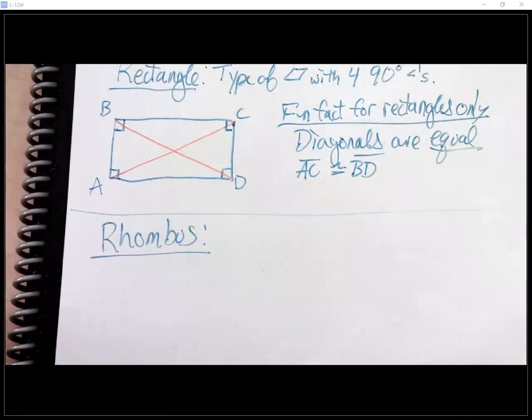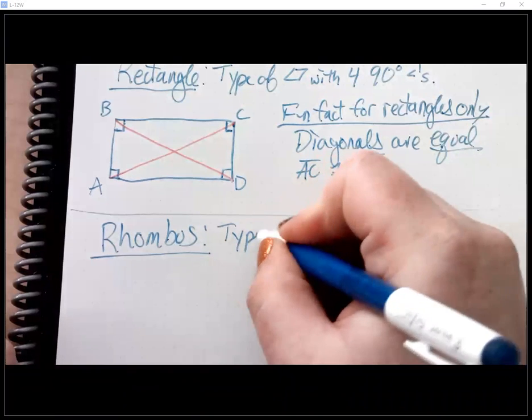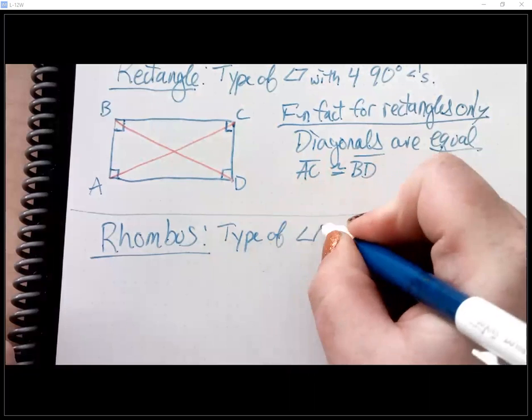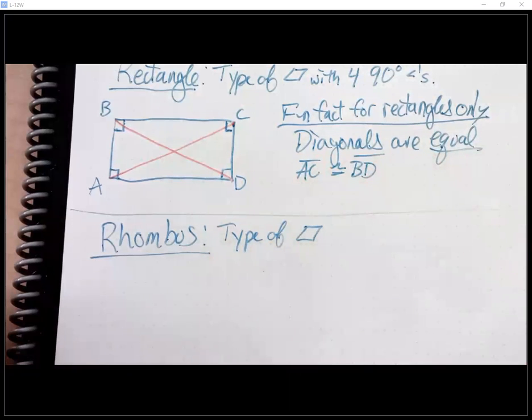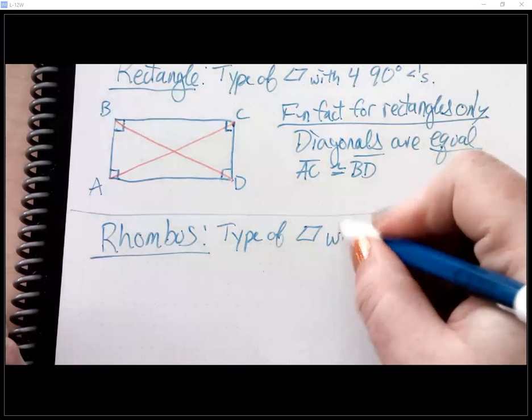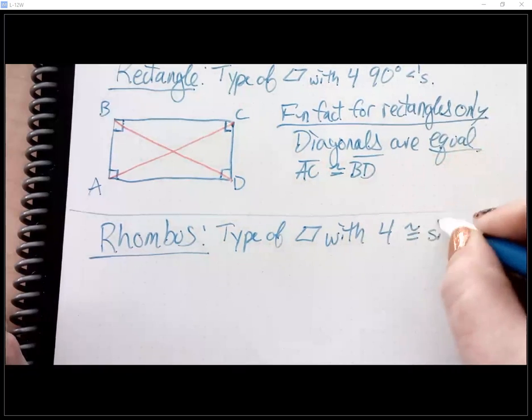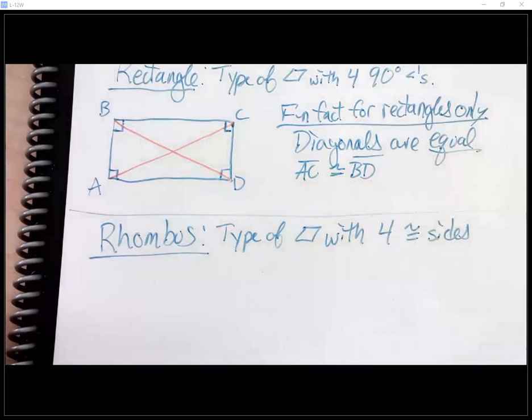That's what you have to have. So it still is a type of parallelogram. So it still has all of the fun facts that parallelograms have. Still has opposite sides parallel, opposite angles the same, all that stuff. But it has to have 4 congruent sides. That's the key for a rhombus.